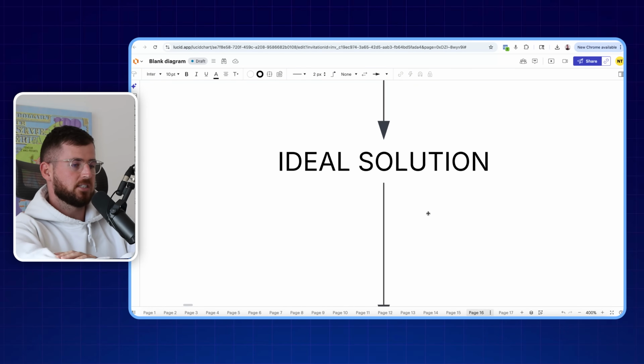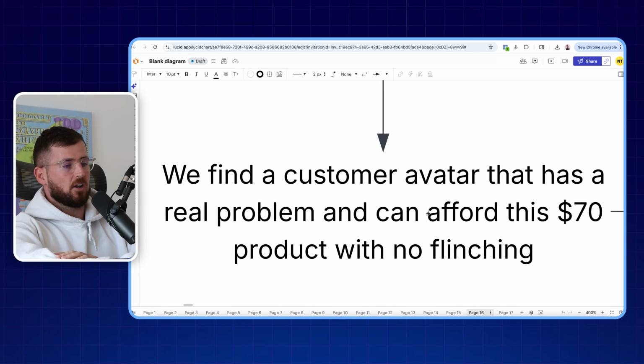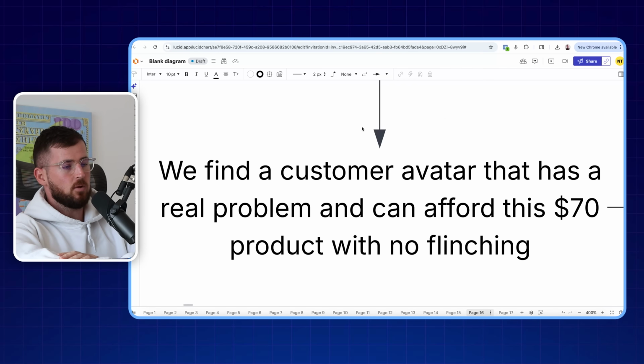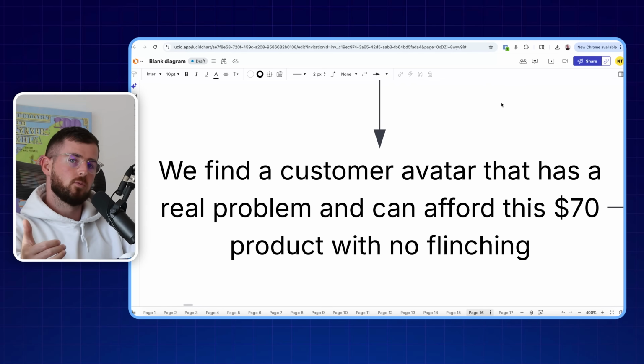And for our ideal situation, we need to find a customer avatar that has a real problem and can afford this $70 product with no flinching. So if we get this correct, if we can find a customer avatar, then at $70 we're going to market to a more affluent demographic.